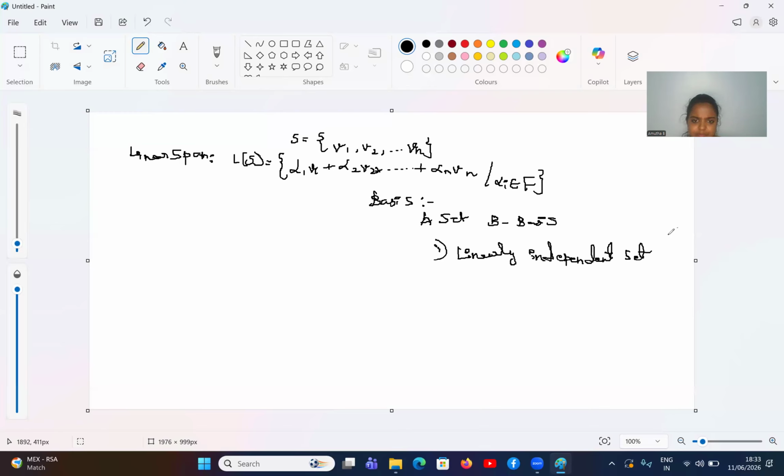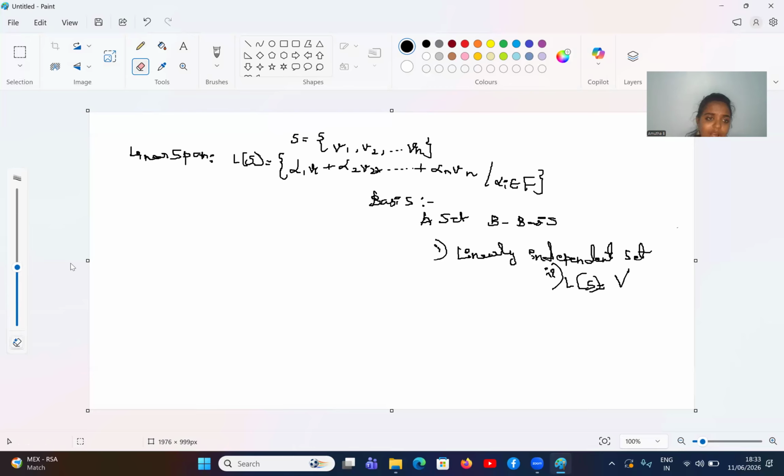And second, the linear span equals the whole vector space. If these two conditions are satisfied, that is, a linearly independent set and linear span equal to V, then we can say that the set is a basis of the vector space.